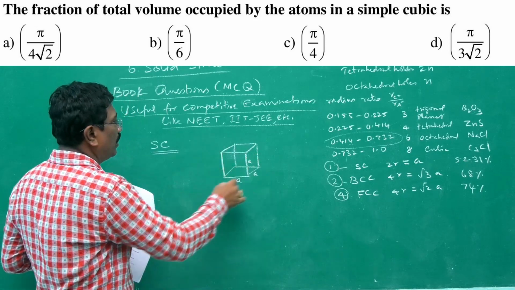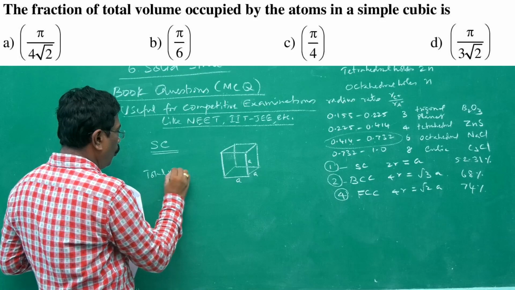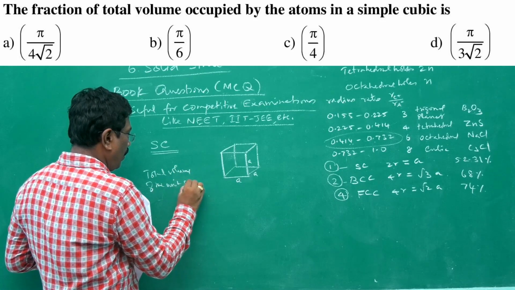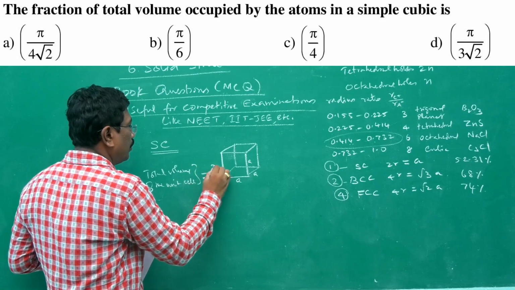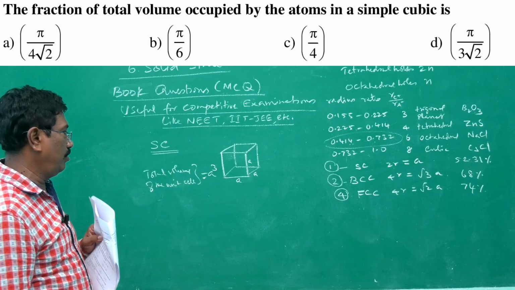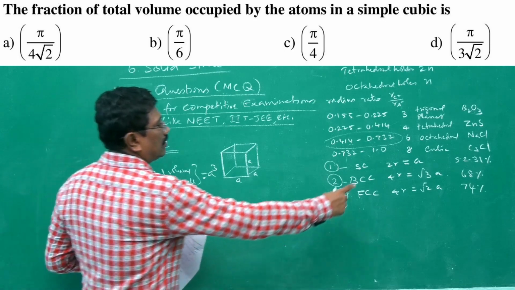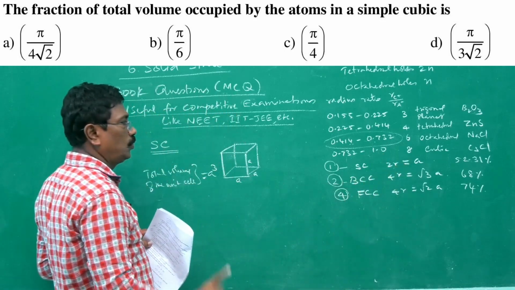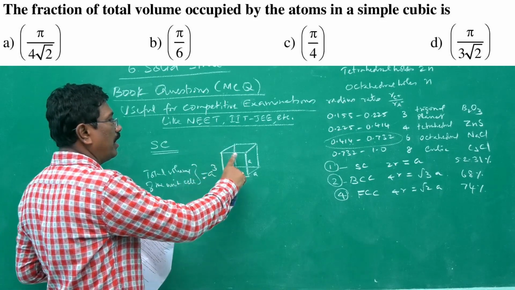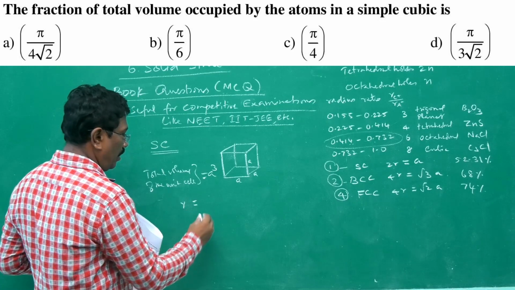Therefore, the total volume of the unit cell is a cube. In that a cube, what is the volume occupied by actual atoms? 8 corner atoms, 8 into 1 by 8, therefore only 1 atom is present. Therefore, r is equal to a by 2.